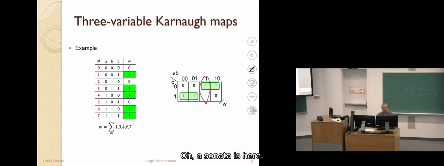Oh, A, C naught is here. We have already put it. This is AB. AB is also an implicant because you see these 2 1 together, they are AB. Okay, so this map has 3 implicants.